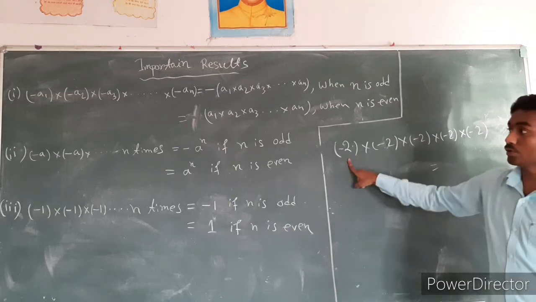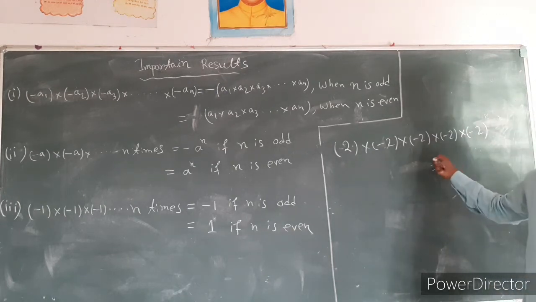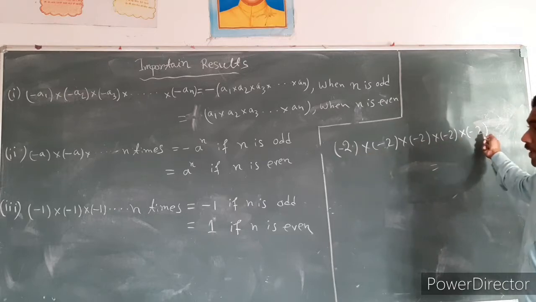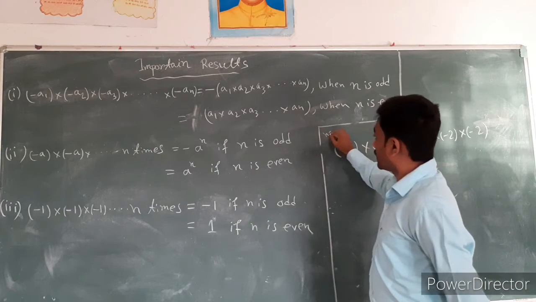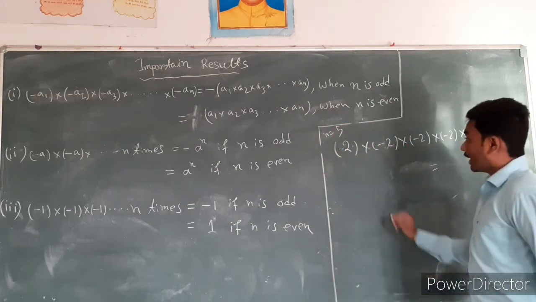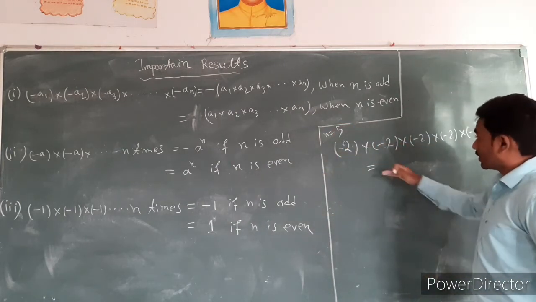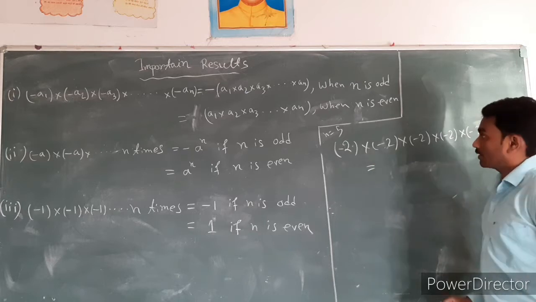So minus 2 is multiplied how many times? 1, 2, 3, 4, 5 times. So the value of n is equal to 5. And what will be the answer of this product?